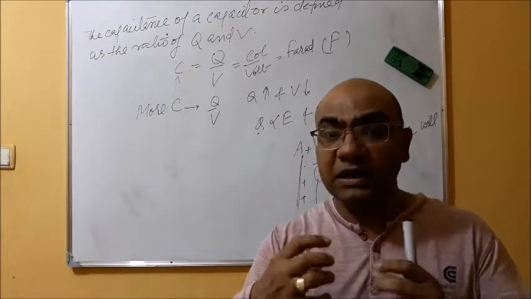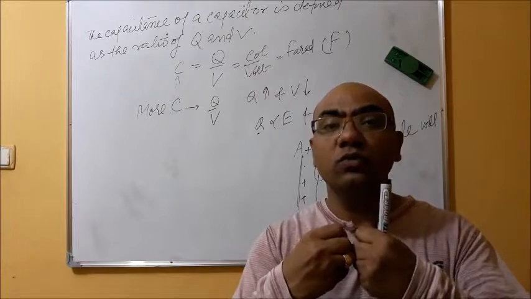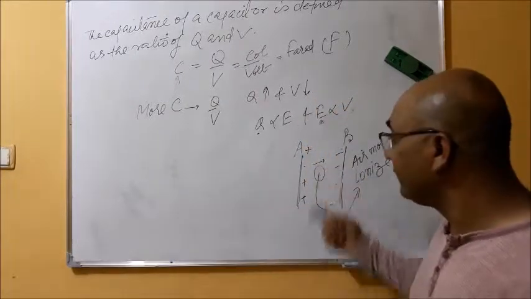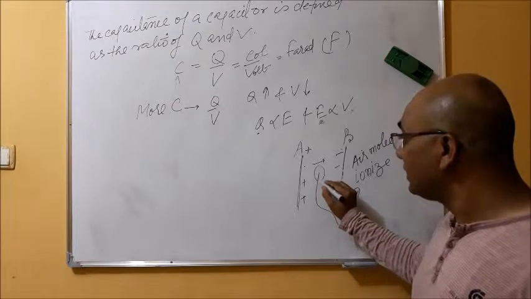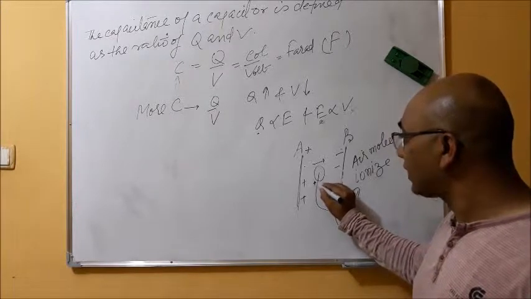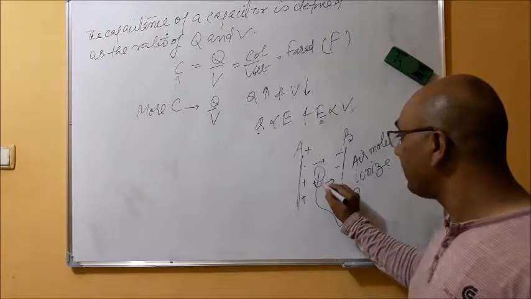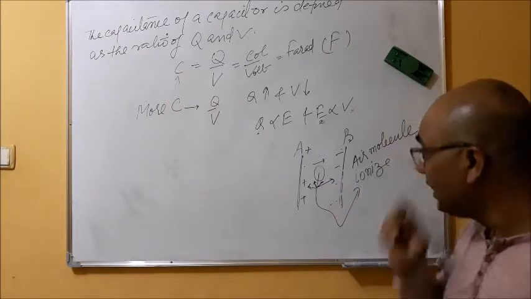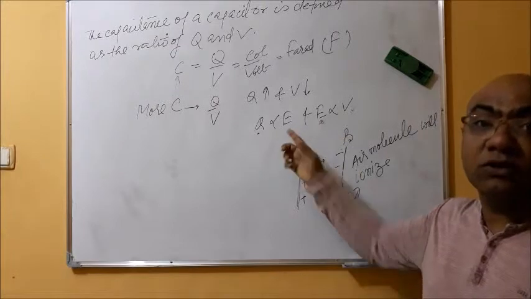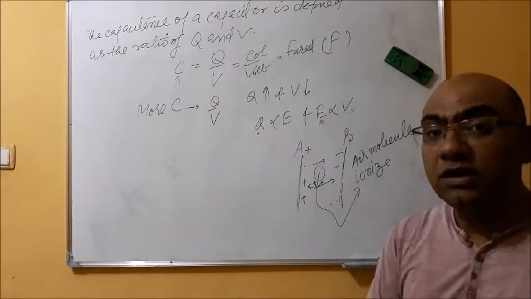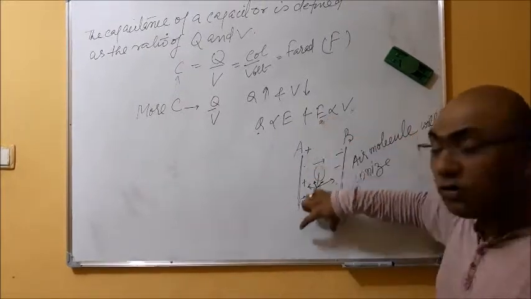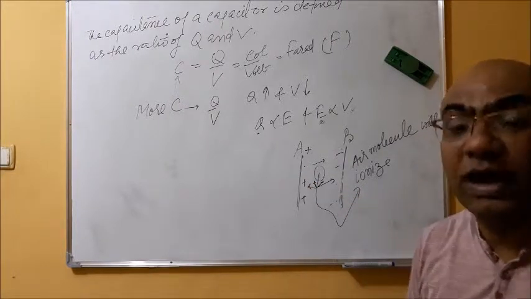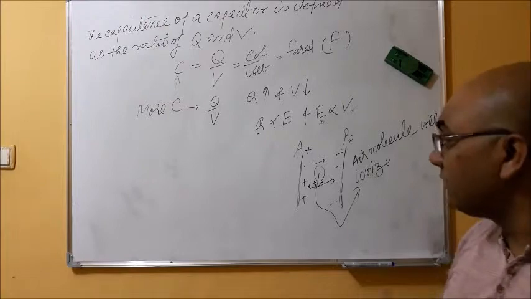This positive and negative charge will try to separate because of the electric field, in such a way that the positive particle will try to move this side and the negative particle will try to move this side. So if we continuously increase the electric field, the air existing between the surface A and B will ionize.